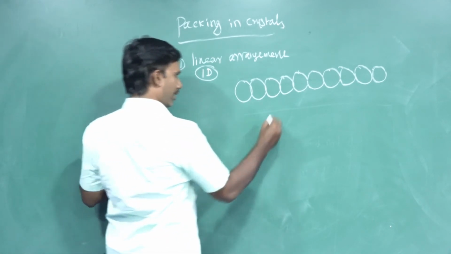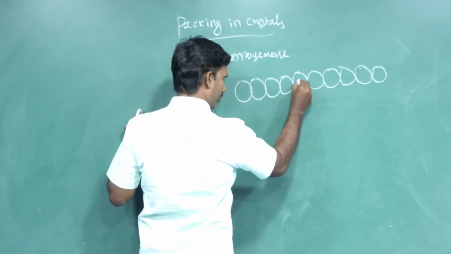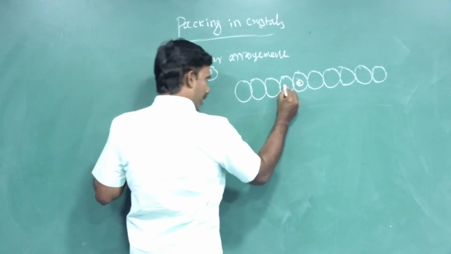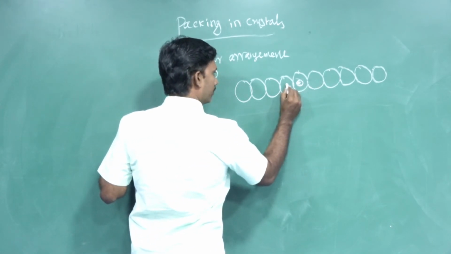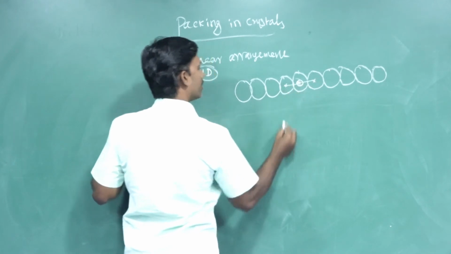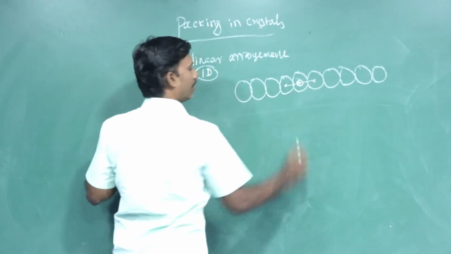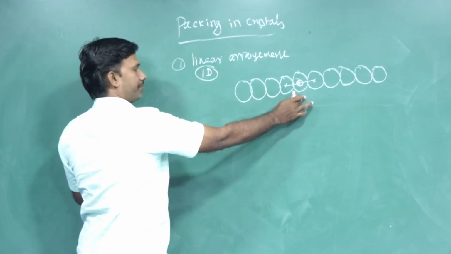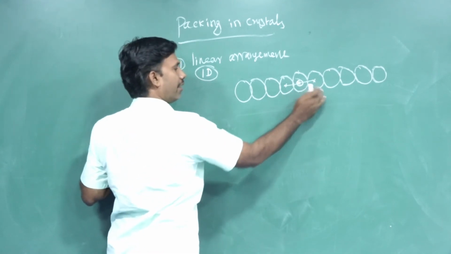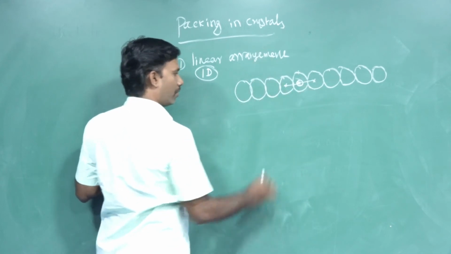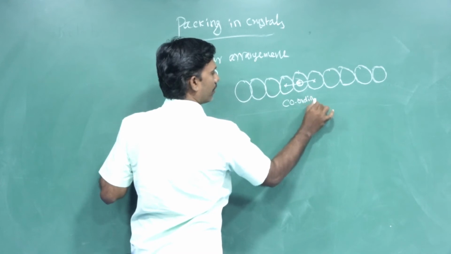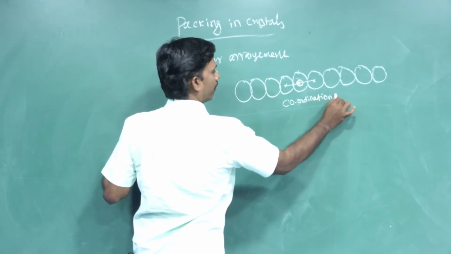Here, if you take any one of the atoms, I am marking this atom, it is directly closely attached with two other atoms. These are the closest neighbors to this sphere. So the number of spheres closely or nearly attached to that sphere is called the coordination number.